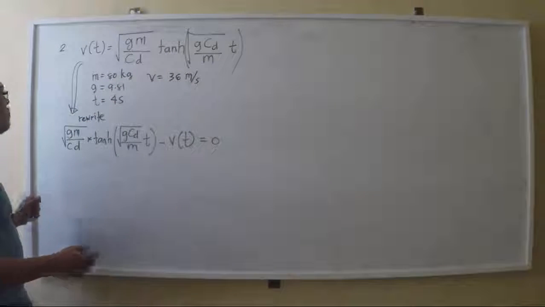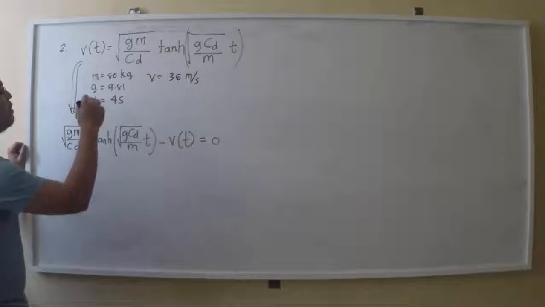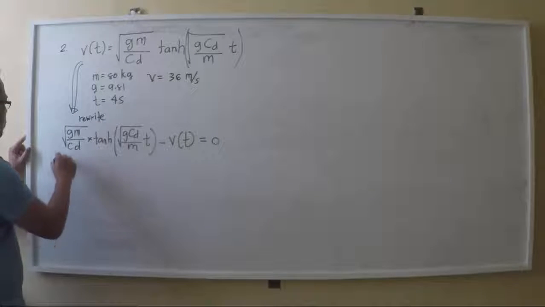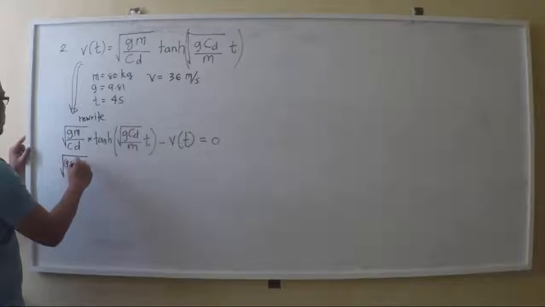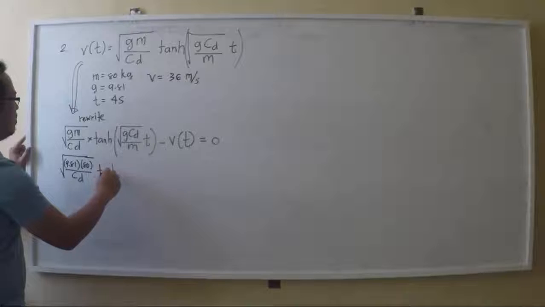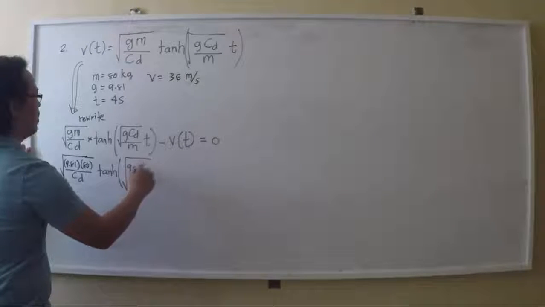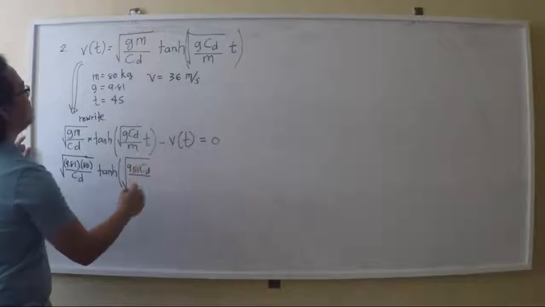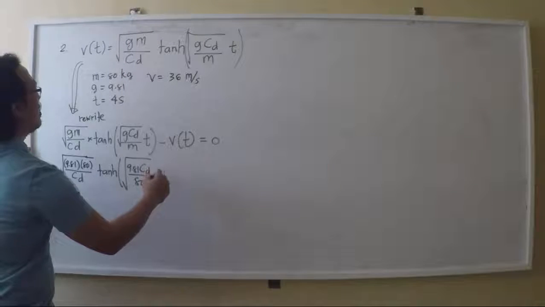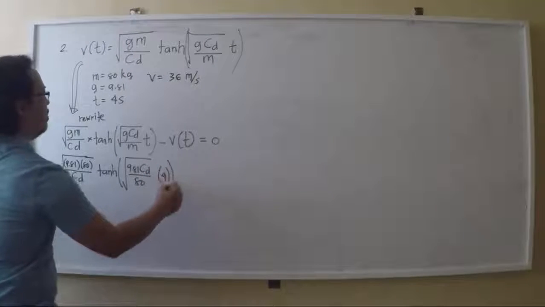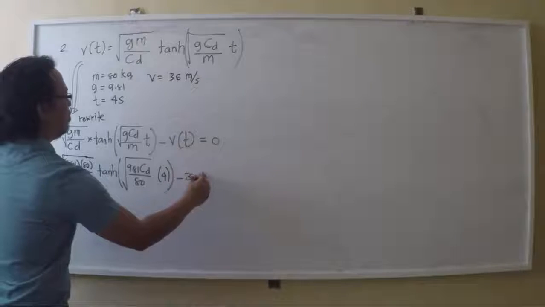Now, to do that one, I think it's better to put some values. I will just write the values: 9.81 times 80, for instance, over CD, times the hyperbolic tangent of square root of 9.81 times CD over m, which is 80, times the time, which is 4, minus 36 is equal to 0.